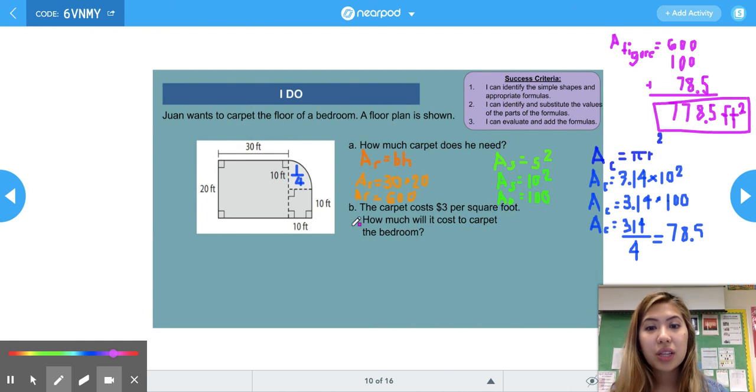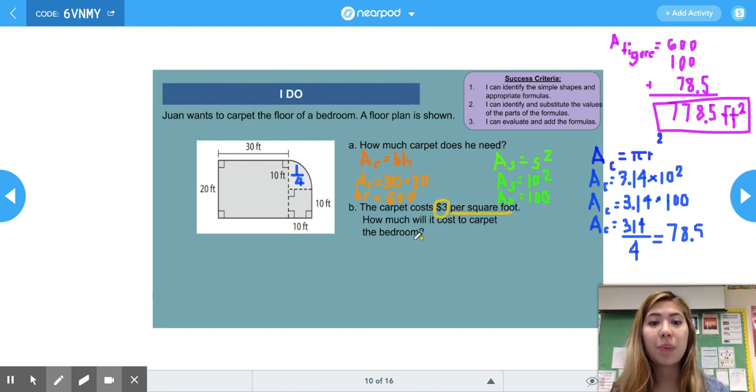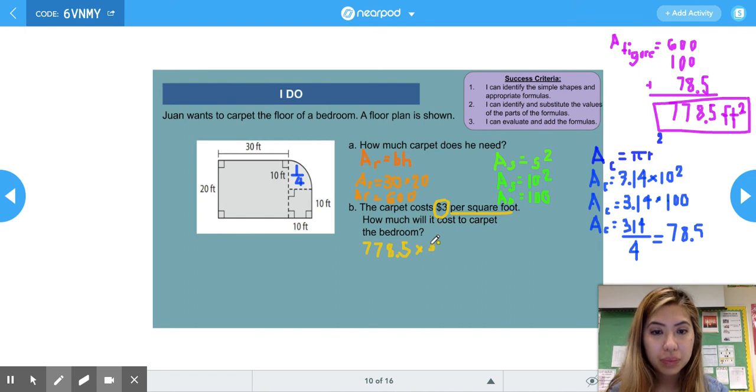Then the second part of this question is saying the carpet costs $3 per square foot. How much will it cost to carpet the bedroom? So we know that we need 778.5 feet squared worth of carpet. And if we know the unit rate for the carpet, we just are going to multiply the amount we need by the cost.